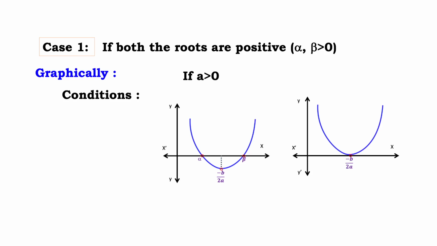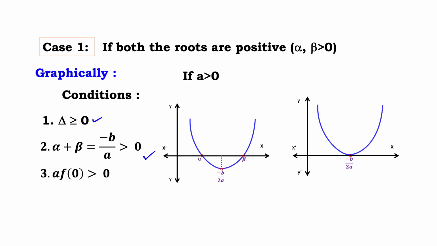So first case, you can see from both this, d, the discriminant will be greater than or equal to 0. Second case, sum of the roots will be positive, so minus b by a, sum of the root is positive. And this a into f0, you have to understand this, right?